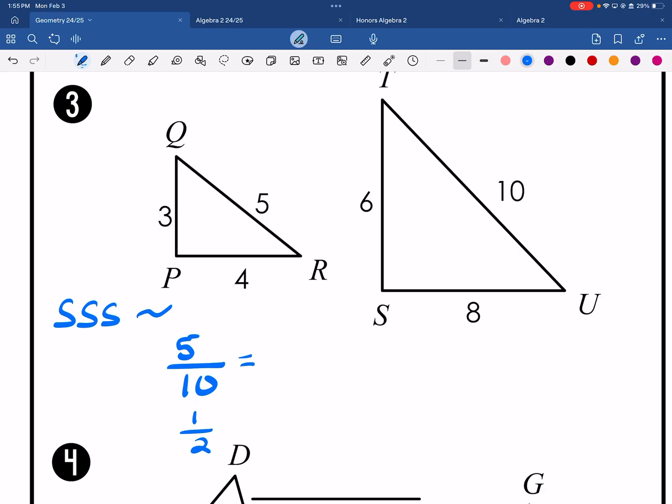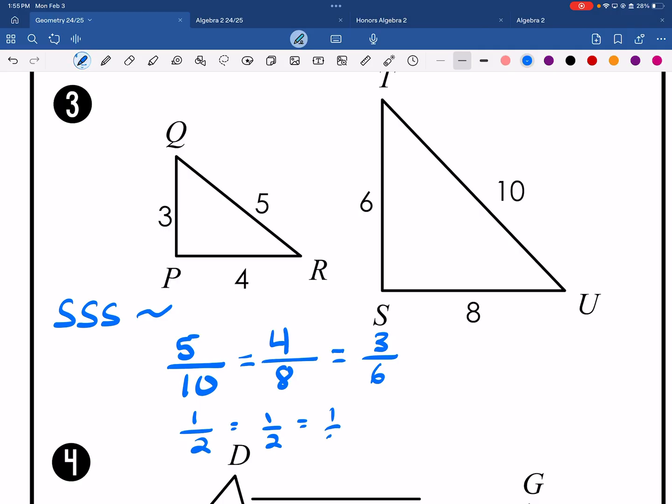That has to equal. Now I go to the second longest side of the first triangle, which is 4, over the second longest side in the second triangle, which is 8. And then I reduce that. That reduces to 1/2. So it looks good so far. Then I go to the smallest side over the smallest side.